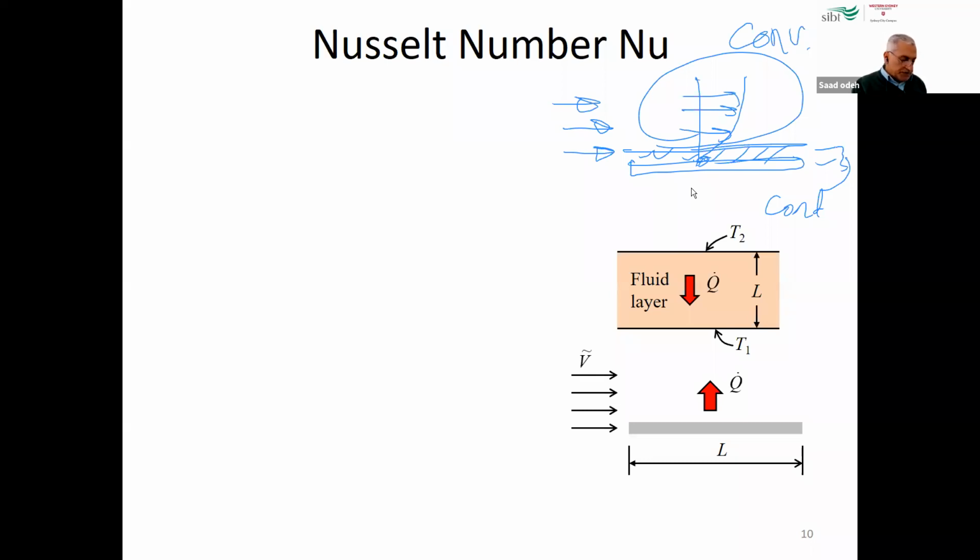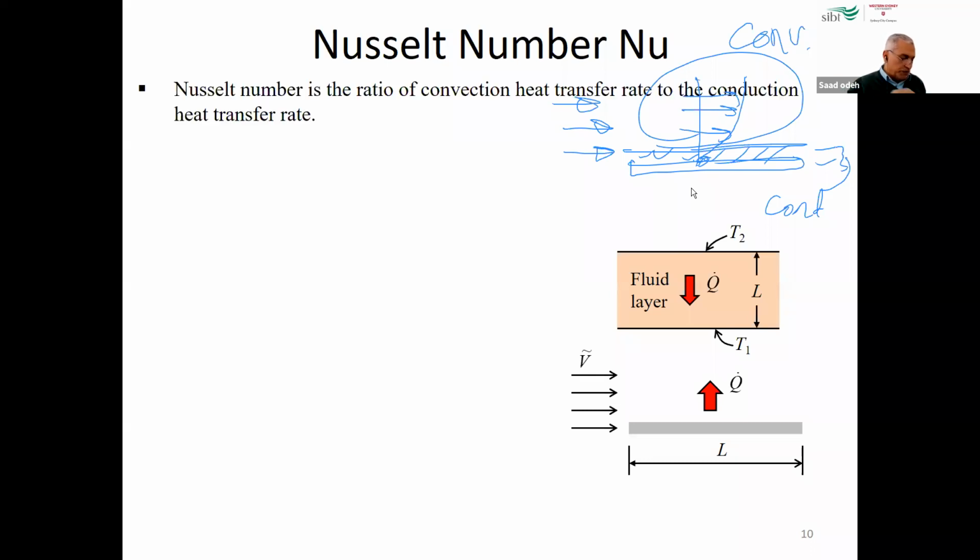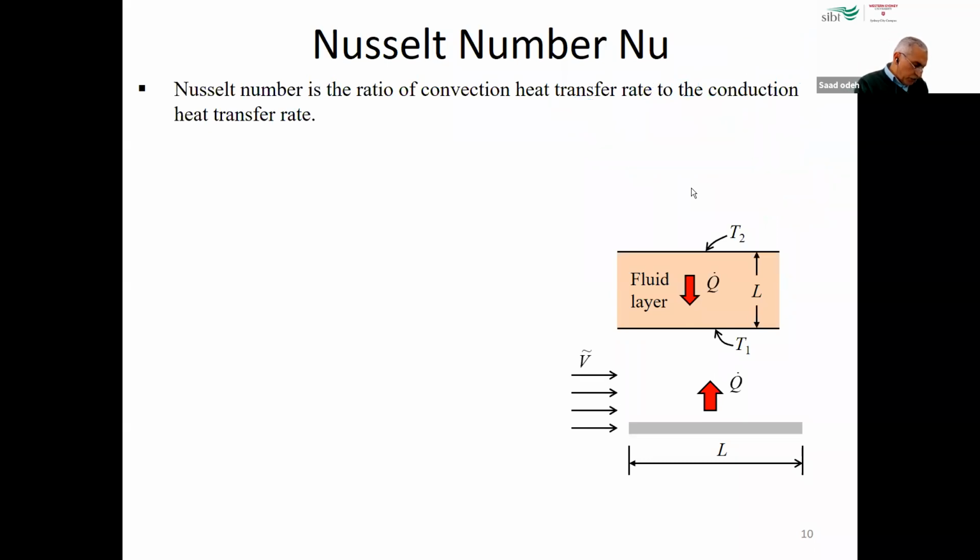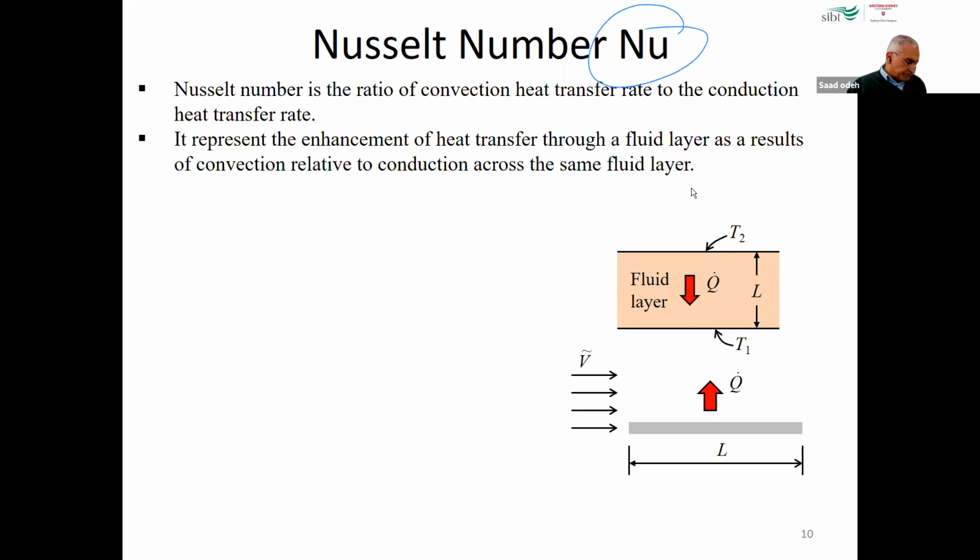So to do this, we need the ratio between convection and conduction, and this is what we call the Nusselt number. The symbol of the Nusselt number is Nu. Whenever you see Nu, it means the Nusselt number. So it's the ratio of convection heat transfer to conduction heat transfer. Following this definition, the larger the Nusselt number, the more effective the convection.